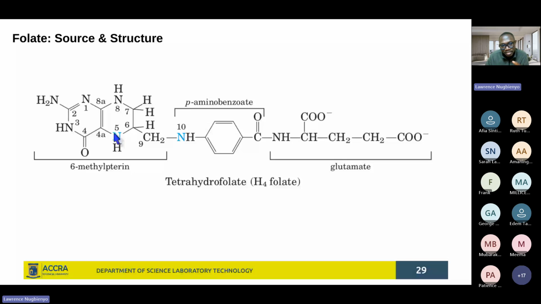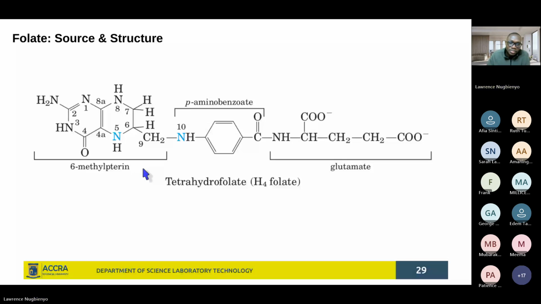They are in blue, nitrogen 5, nitrogen 10, because these are also the active parts of this molecule, folic acid. That's why they are giving the color, so that if you go looking at, say, the mechanism of action, you realize that it is these nitrogens that are acting in those reactions.